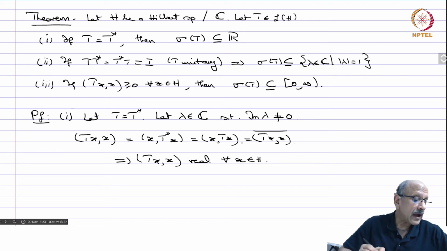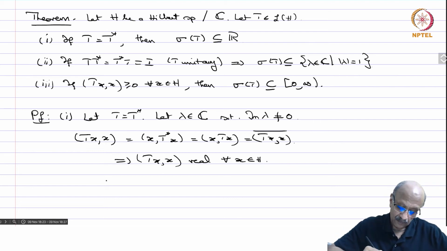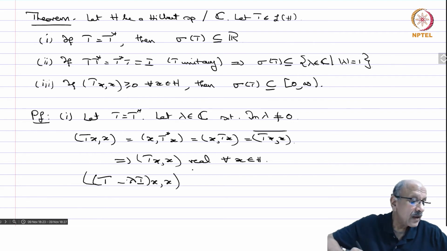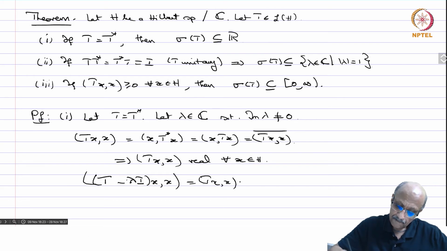So now you look at ⟨(T − λI)x, x⟩. So that's equal to ⟨Tx, x⟩ minus lambda times ⟨x, x⟩.